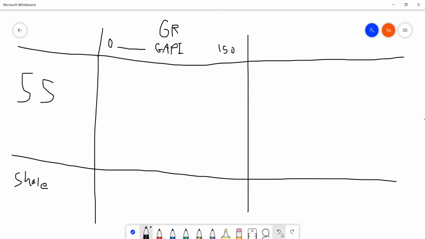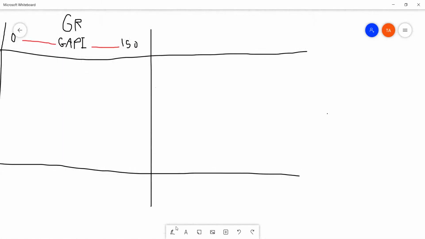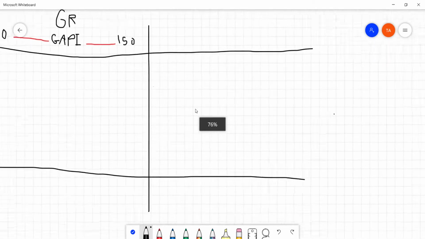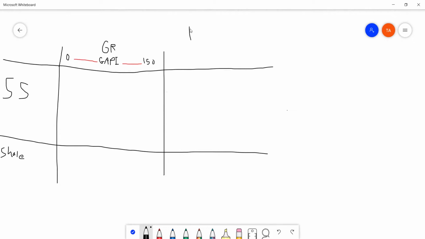Wait, let me do something different right here. The curve will be in a red line. And after that, let's see the resistivity response.